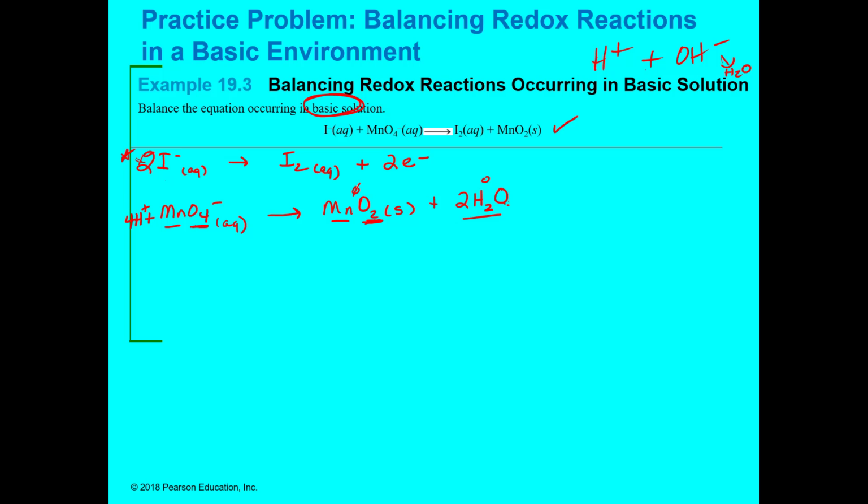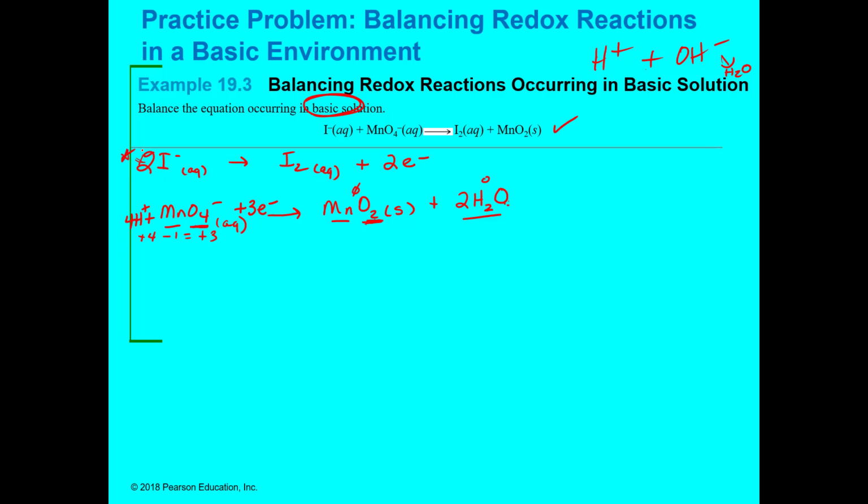So it's 0 on the right-hand side, and it's 4 plus and minus 1 on this side, so it's plus 3 on this side. I can only balance with electrons, so I'm going to add 3 electrons. When I add 3 electrons, I now have 4 minuses and 4 pluses, and that's 0. So now both sides are balanced. Now what's the next step?